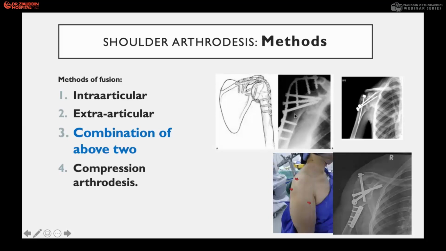By this method, we call it the combination of extra- and intra-articular arthrodesis with the articular position. This is intra-articular arthrodesis done with simple screw fixation. And some people do arthroscopic arthrodesis by placing screws through mini incisions with arthroscope assistance.